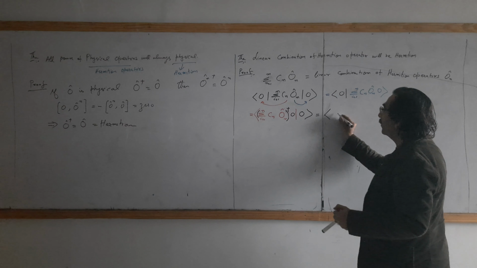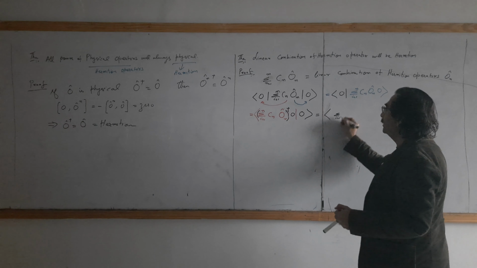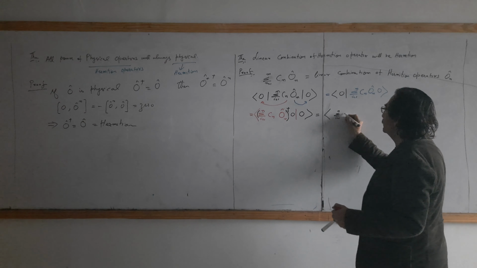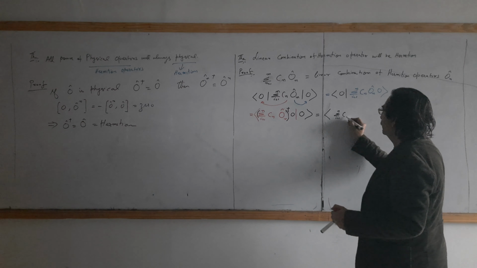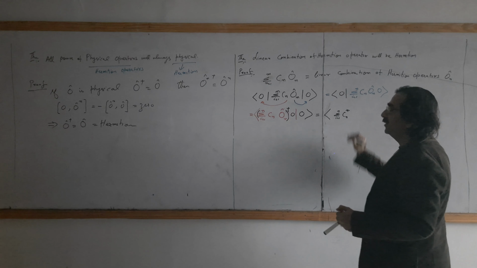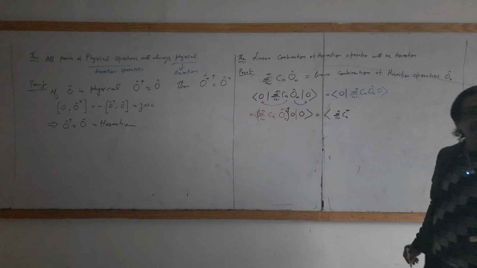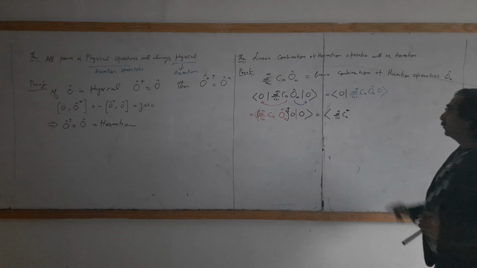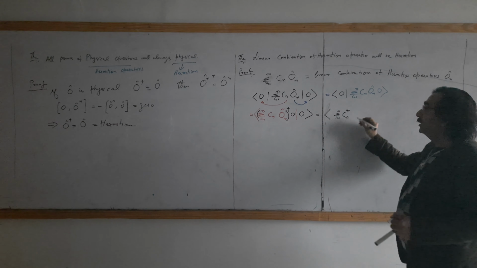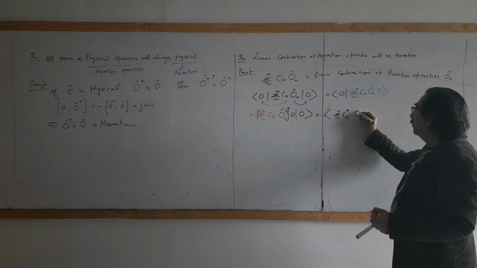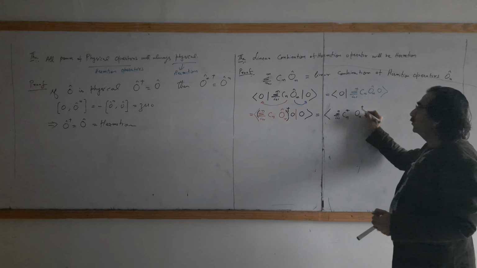So this will be the sum for i equal to 1 to n, Cn complex conjugate. That number may be real or complex. And O is a Hermitian operator.